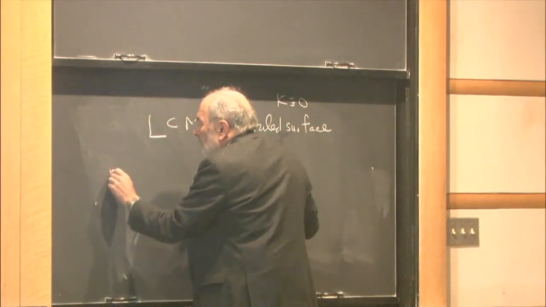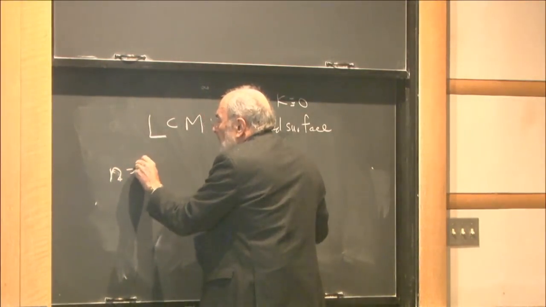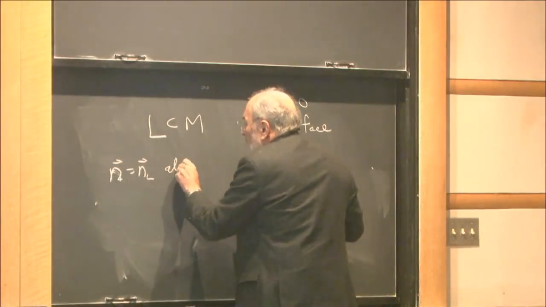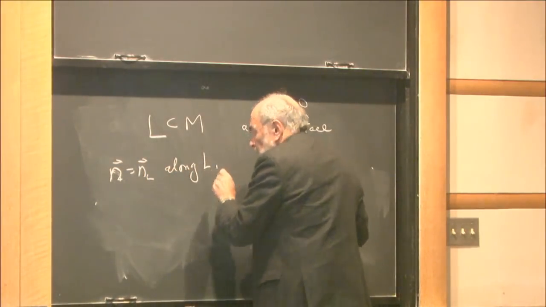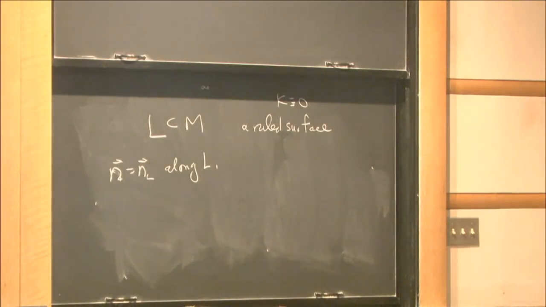N equals a constant along L. So you have this line on the surface. The normal is constant to the surface along that line. You find a Grim Reaper that has that line parallel to it. You move it over, and you move the line on the Grim Reaper over to it that has that normal.